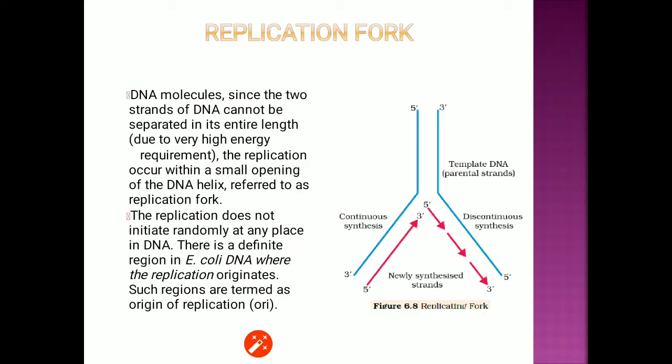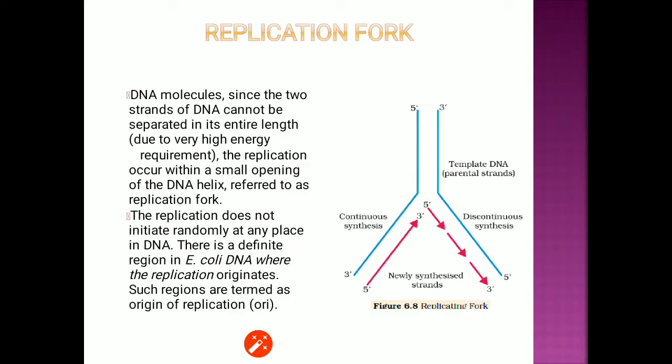Now, as you are able to see in the figure, first focus on the picture. Here, when we are reading the polarity from the wider part of the Y, that is the open part of the Y, the 3' to 5' is a suitable parental template, because we know that the newly synthesized DNA will get synthesized in the direction of 5' towards the 3' end.